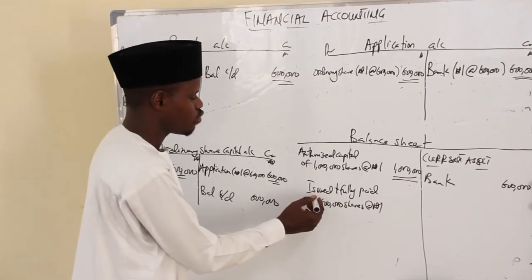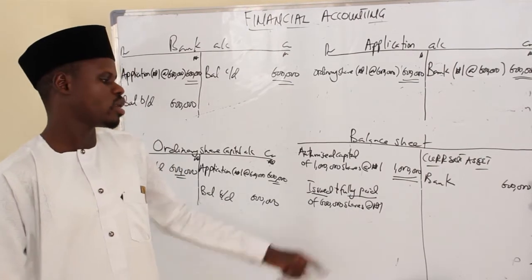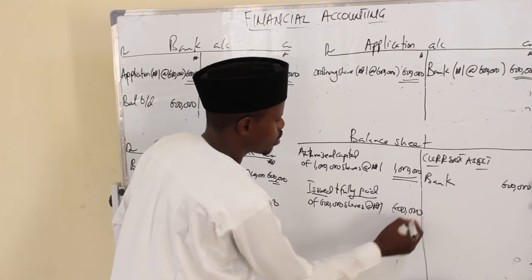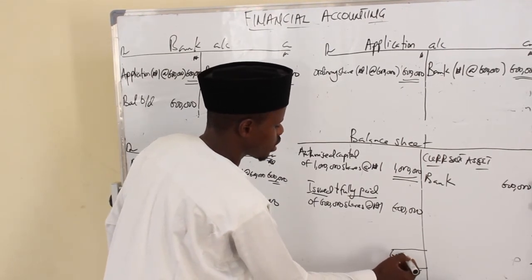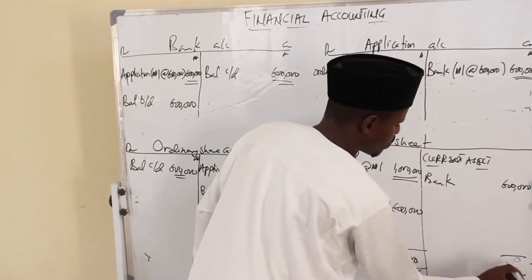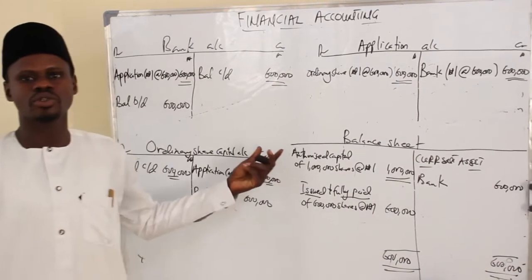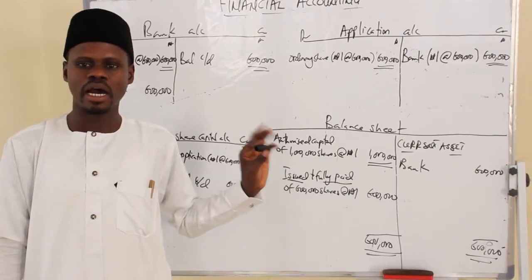Issued and fully paid capital of 600,000 shares at 1 naira. This will give us 600,000. And we will see that our balance sheet has balanced. We have 600,000 here, and on this side we also have 600,000. So these are the entries required if you sell your shares at par.